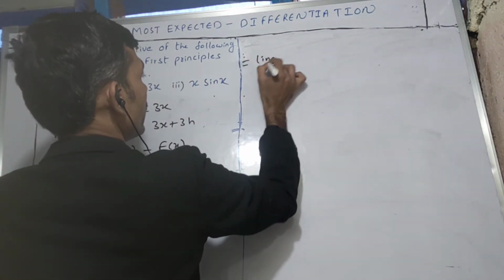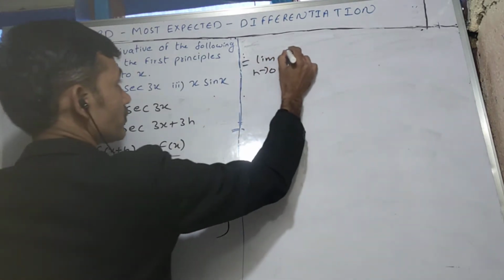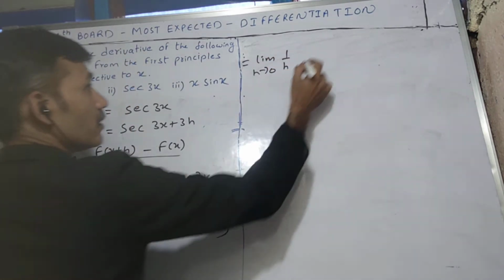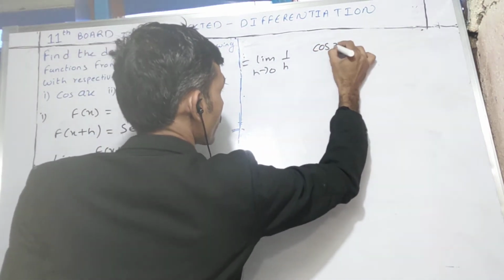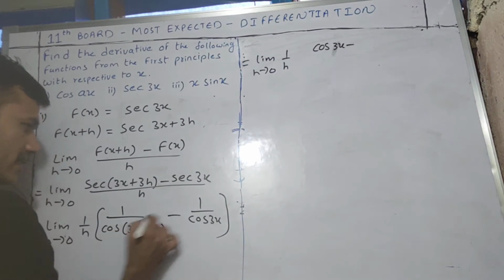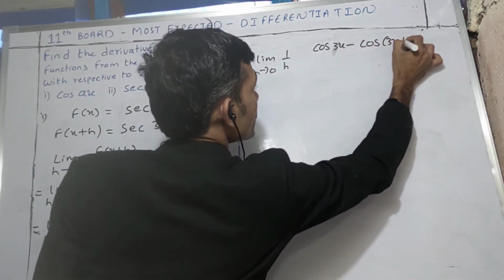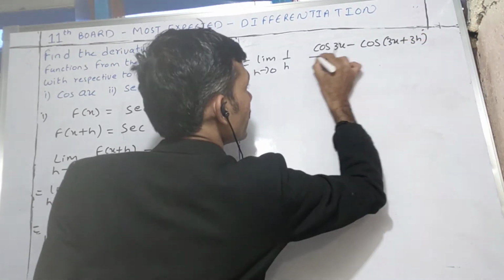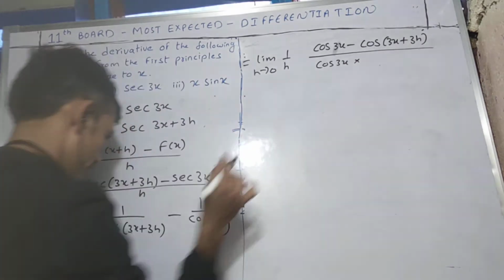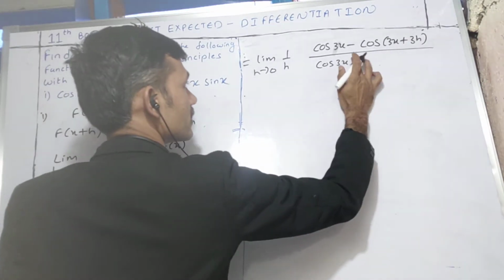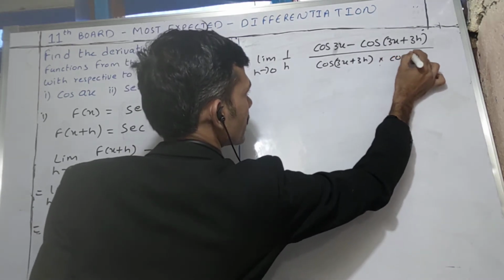So limit h tends to 0: if you do cross multiplication, in the numerator we will have cos 3x minus cos of (3x plus 3h), divided by cos 3x times cos of (3x plus 3h) times h.